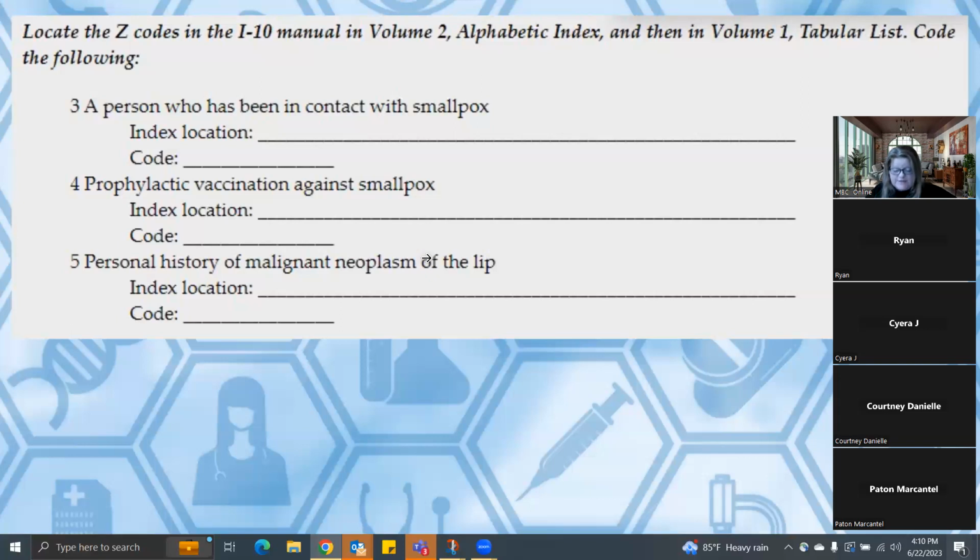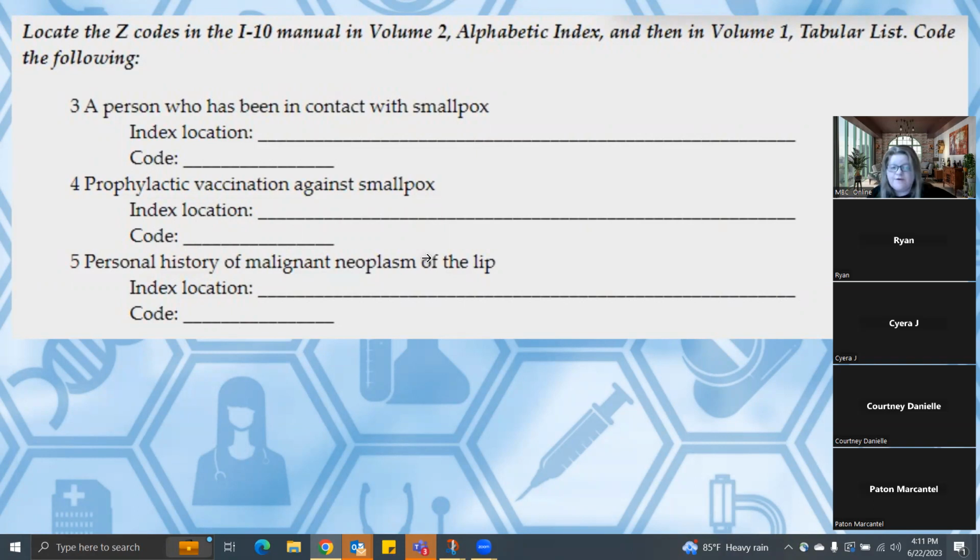And you see this Z20.89 is the next code in the list, the one you were looking at. But the difference there is the viral. Smallpox is viral, so that has to be specified, and they don't list it specifically. I was thinking it was wrong because it's got the blue dot beside it and it said unacceptable principal diagnosis, so we couldn't have used that by itself anyway, right?